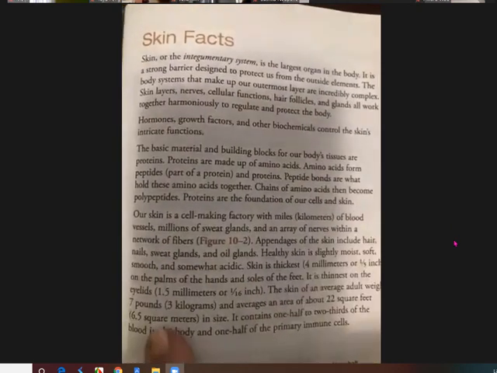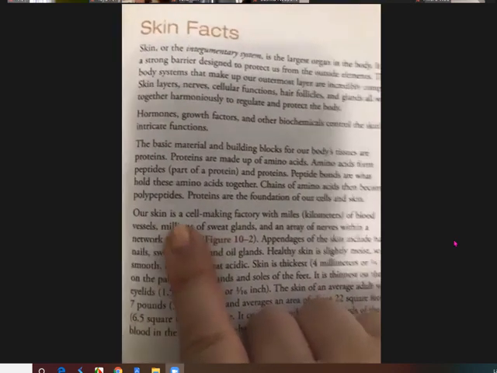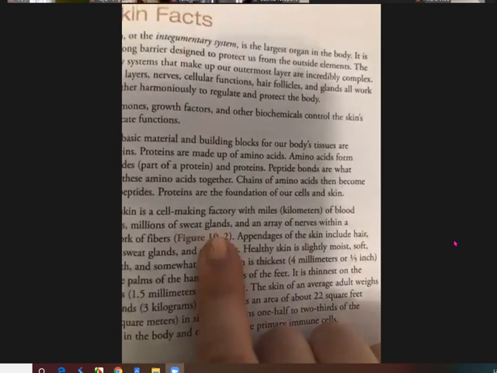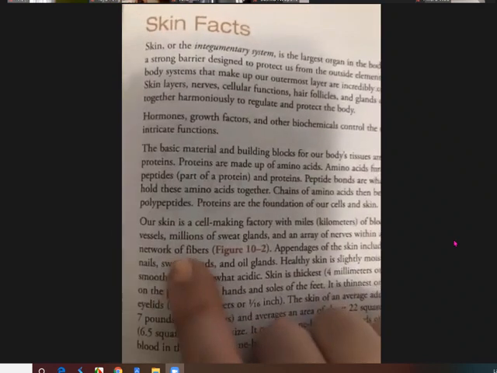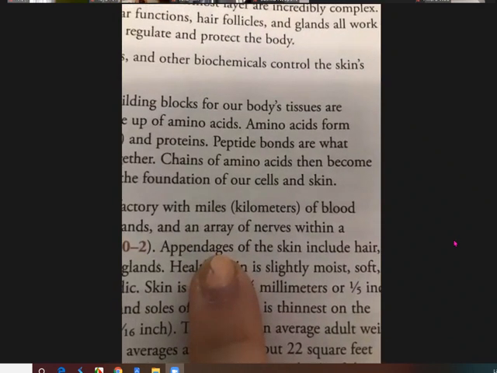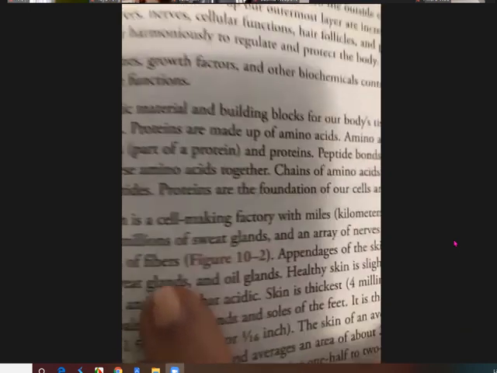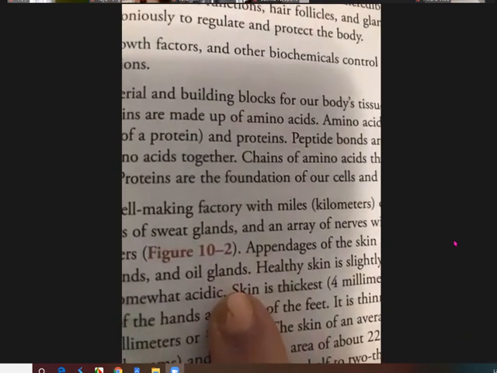So our skin has millions of blood vessels and millions of sweat glands, and also nerves within the network of fibers. Now, appendages of the skin include hair, nails, sweat glands, and oil glands.